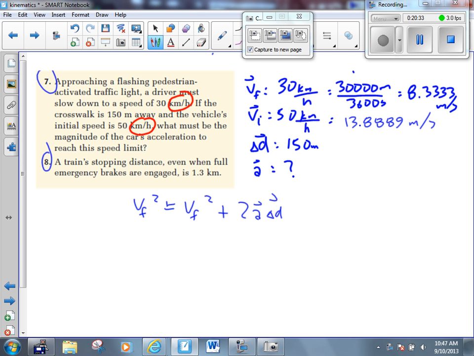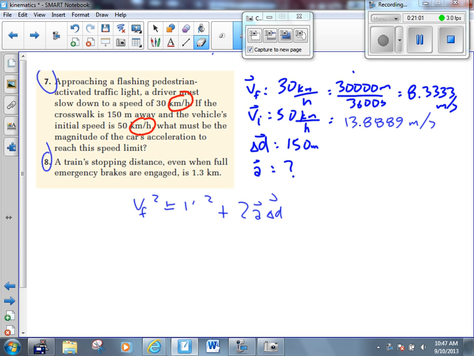Yes, what did you do? Okay, so d is equal to vi plus vf over 2 times t. You would have solved for t there, and then that would have helped you to use another equation to solve for a. Probably a is equal to delta v over delta t at that point. Perfectly valid, but this is only one equation. This allows us to only use one. So it's a little bit quicker, more efficient, but no more correct.